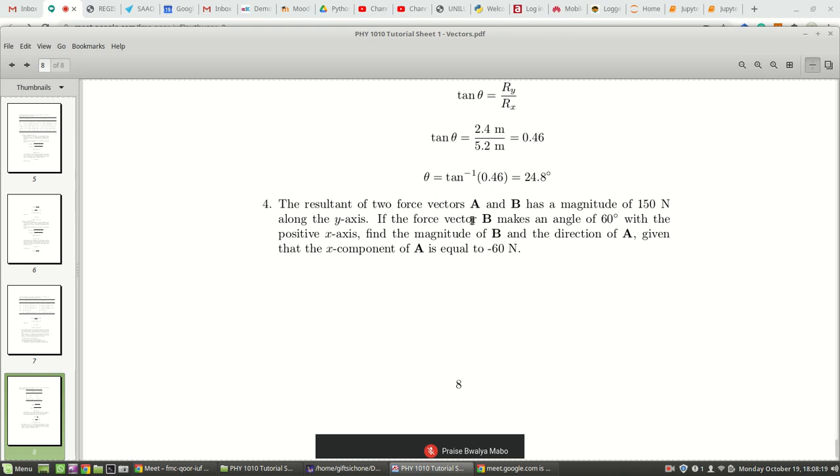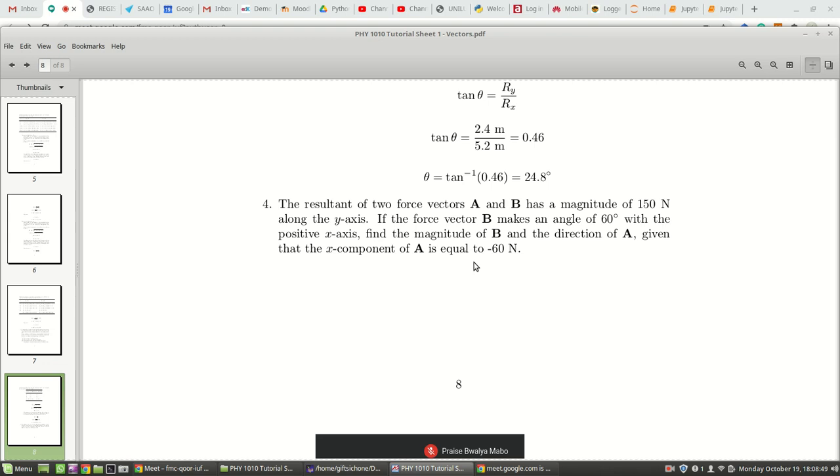If the force vector B makes an angle of 60 degrees with the positive x-axis, find the magnitude of B and the direction of A, given that the x component of A is equal to minus 60 newtons.